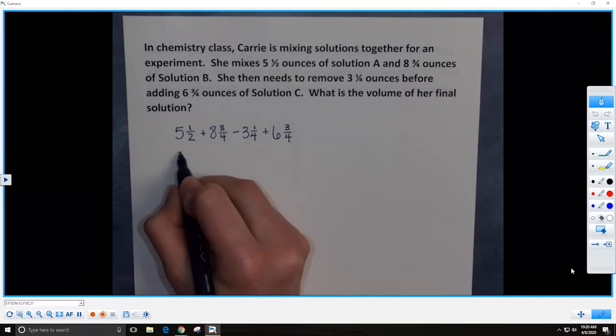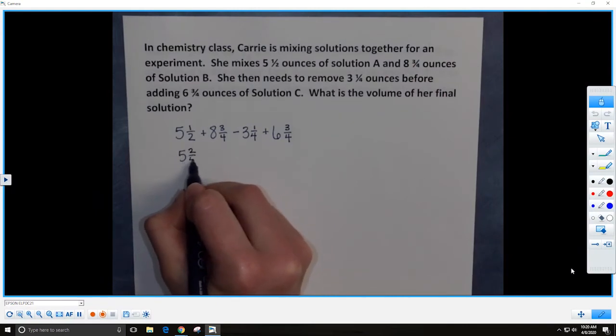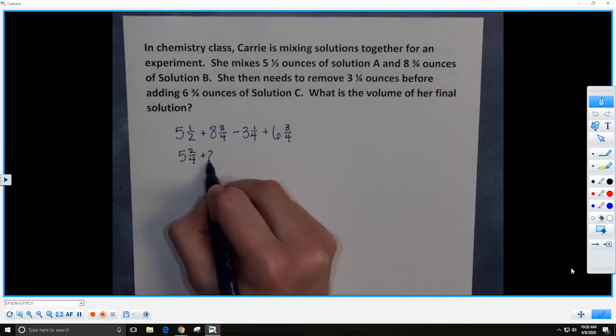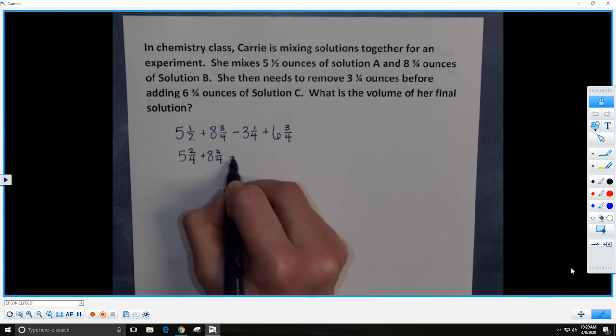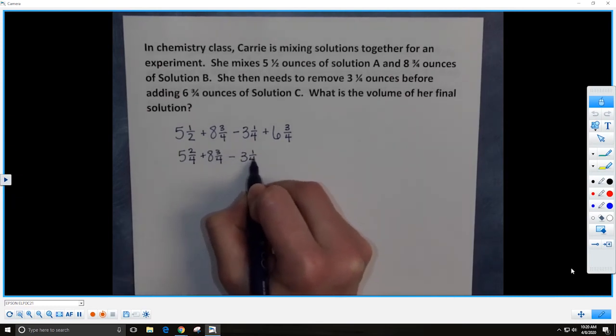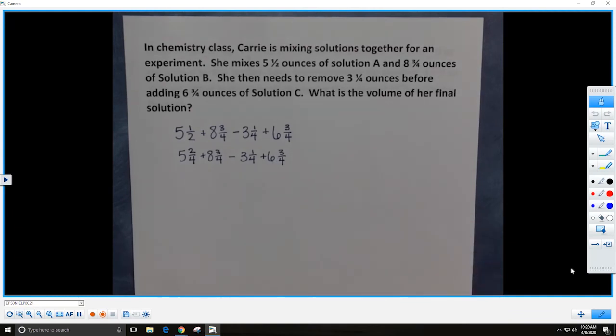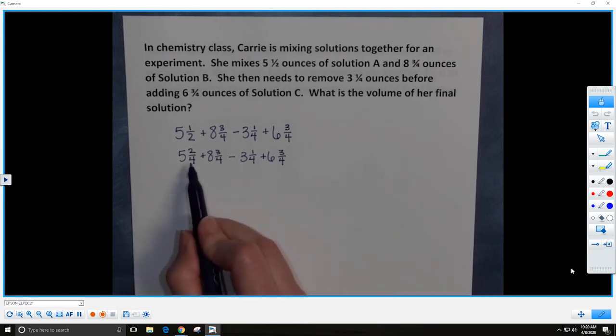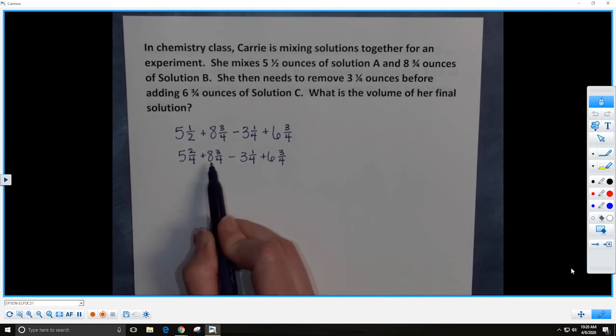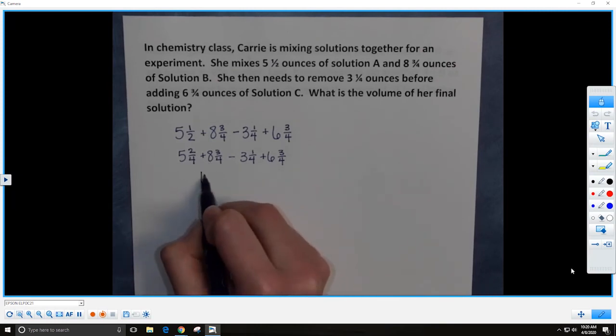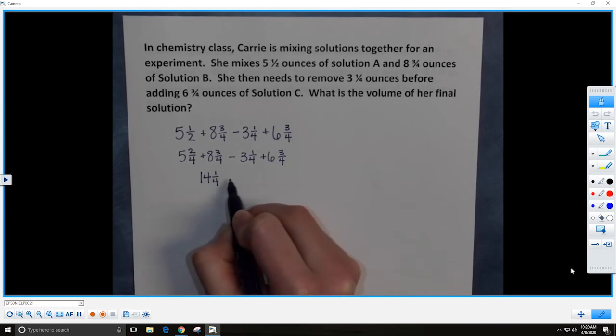Remember that 5 1/2 is 5 2/4. Keep the rest of our expression. Okay, so remember that we do addition and subtraction in order from left to right. So 5 2/4 plus 8 3/4 is 14 1/4.